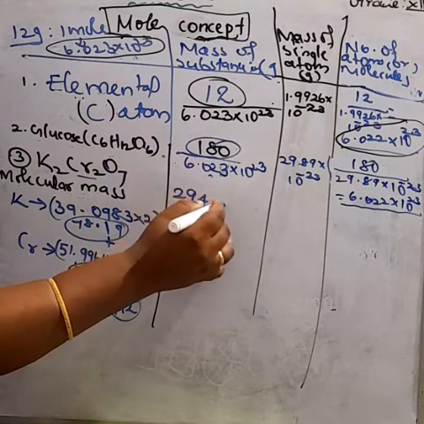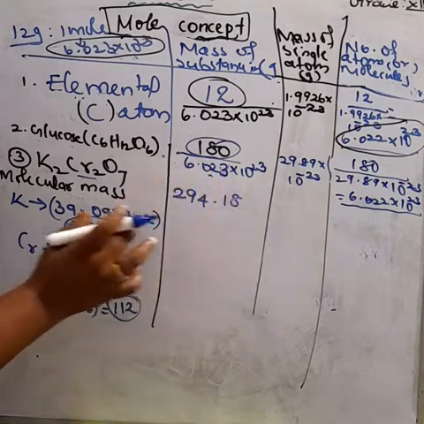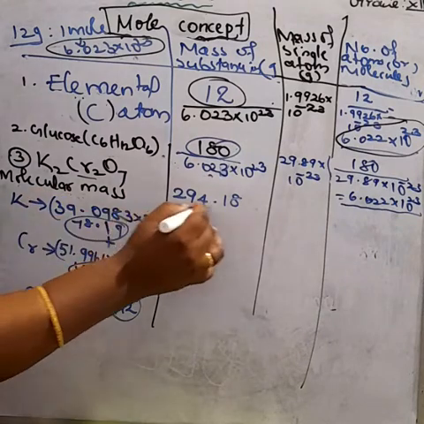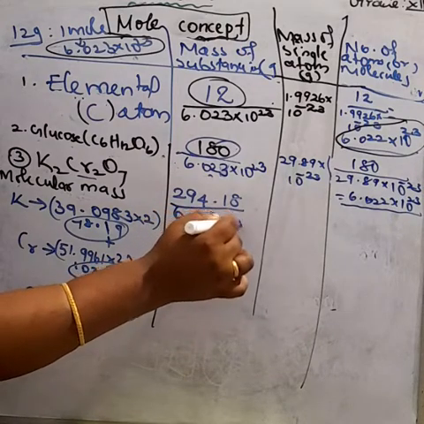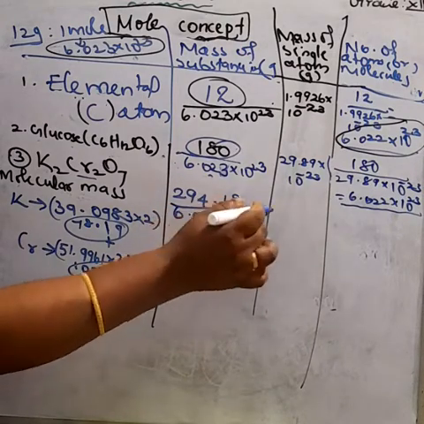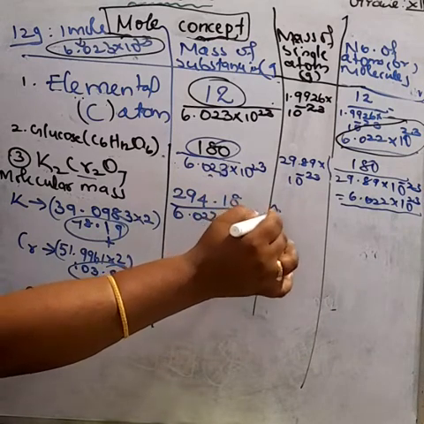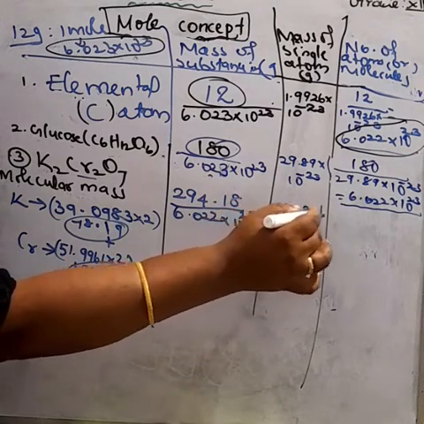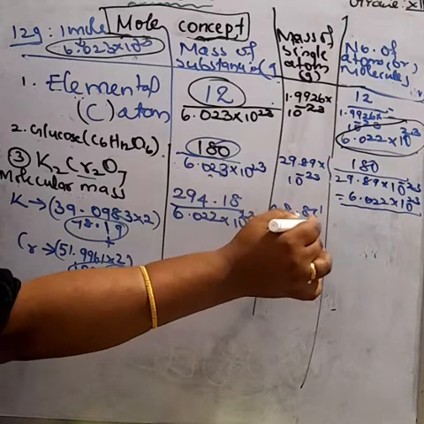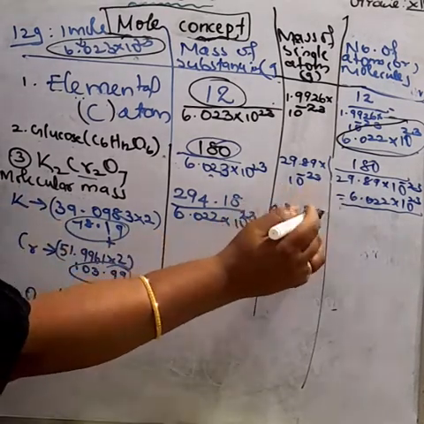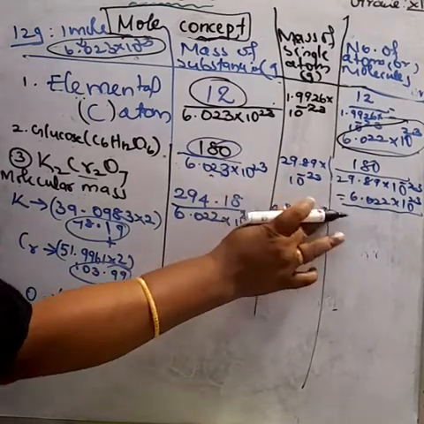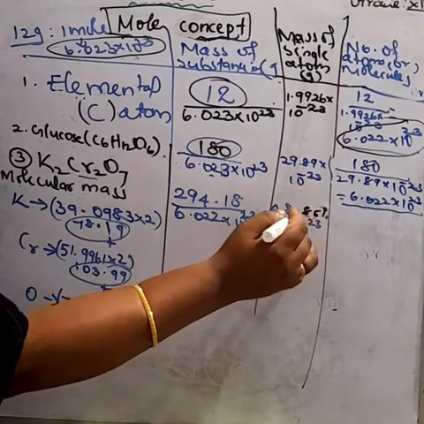So what is the mass of the single molecule? When we divide 294.18 by 6.022 into 10 power 23, we get 48.851 into 10 power minus 23. This is the mass of the single molecule of potassium dichromate. So how can we get the total number of molecules present in 1 mole of potassium dichromate?